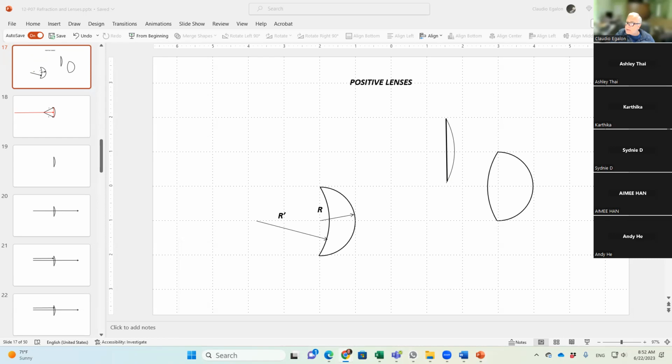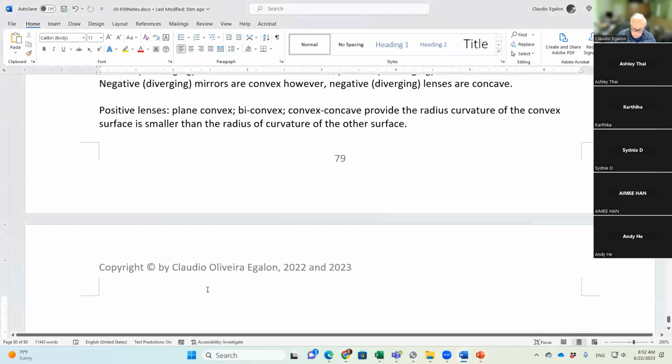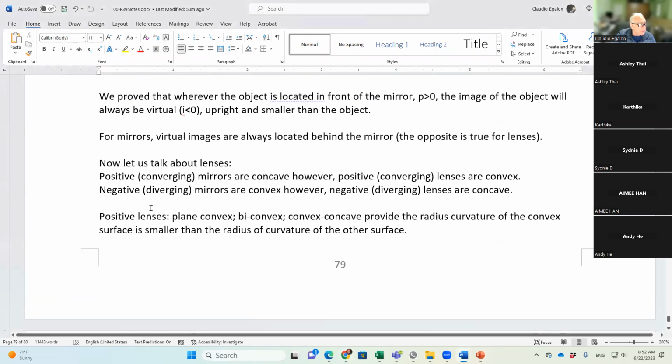I'm just gonna do thin lenses, okay? So for the case of thin lenses, we're doing only thin lenses.